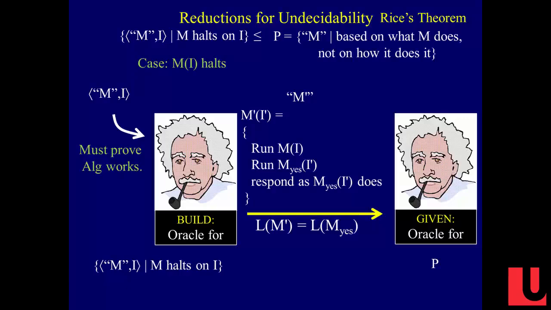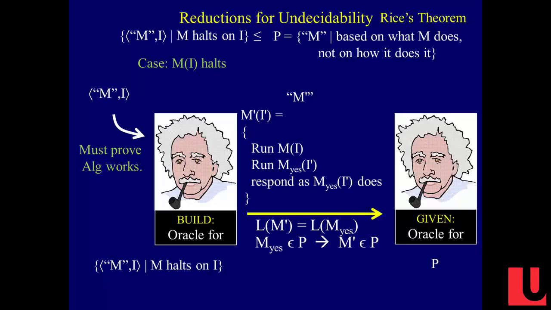We don't know anything about what M yes does, whether it halts or doesn't halt, says yes, says no. But whatever it does, M prime does the same thing. So the set of inputs on which this machine halts and says yes is the same for the two machines. Everybody see that these two machines have the same language? Yeah? All right. So what are we going to do from that?